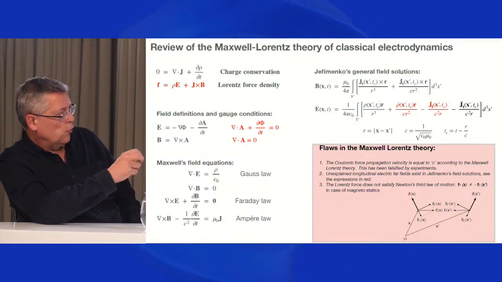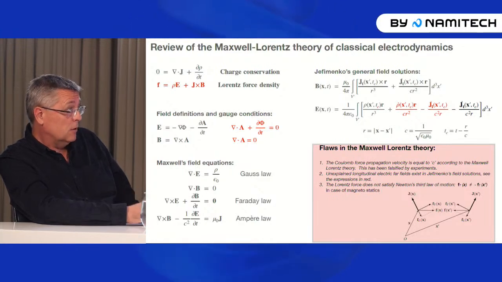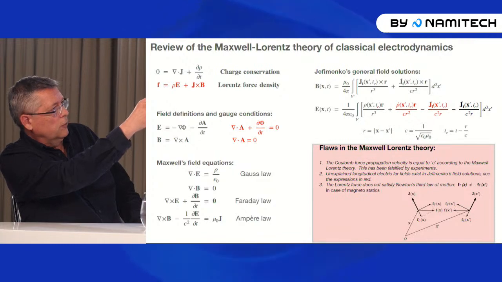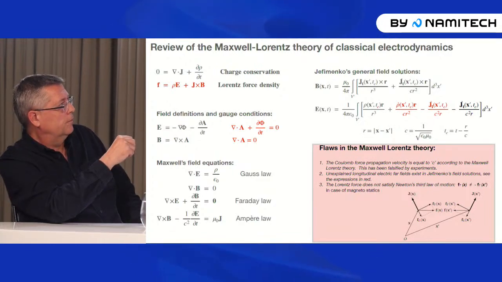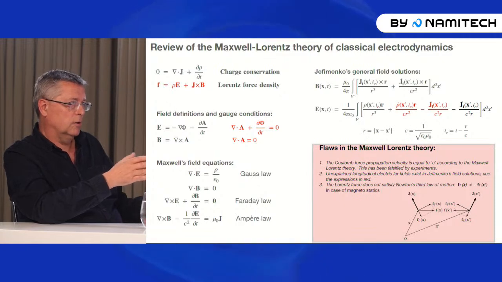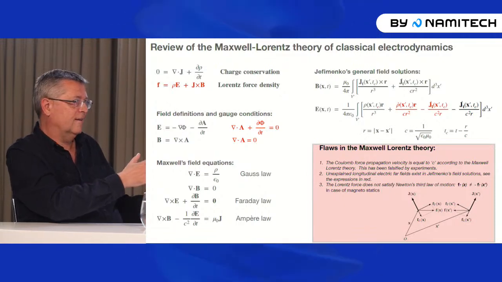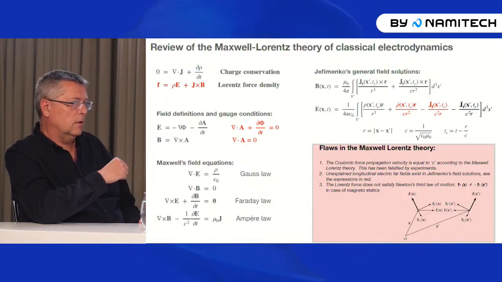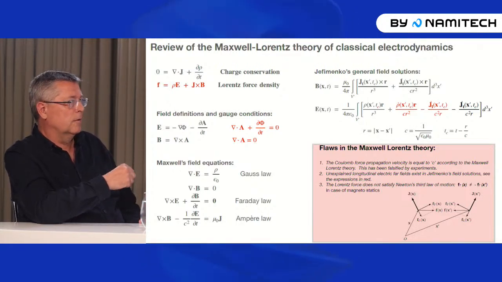Another flaw is the unexplained longitudinal electric far fields, which are the red terms at your right, in the Jefimenko field solutions. These are actually unexplained by experiments, outside of what is known about the transverse waves.